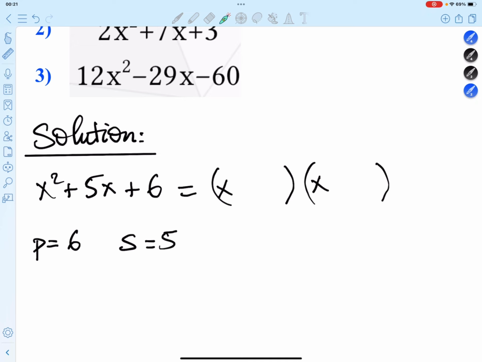So the product would be equal to c and the sum would be equal to b, and those two numbers are plus 2 and plus 3, because 2 times 3 would give me 6, and the sum 2 plus 3 would give me 5.